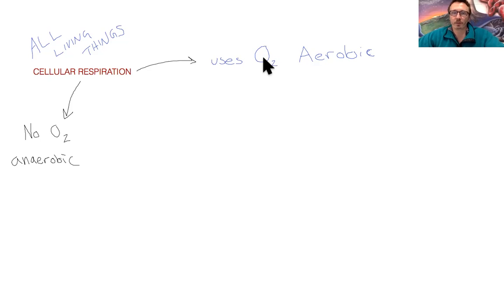So let's talk about aerobic respiration just a little bit more. Let's first look at the chemical equation. What do our cells need to perform aerobic respiration? Well, the reason we call it aerobic respiration is we need oxygen. And we're going to use this oxygen to break down glucose. And if you remember the chemical equation for glucose, C6H12O6, right?